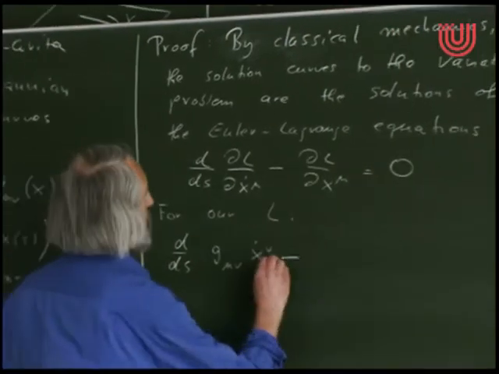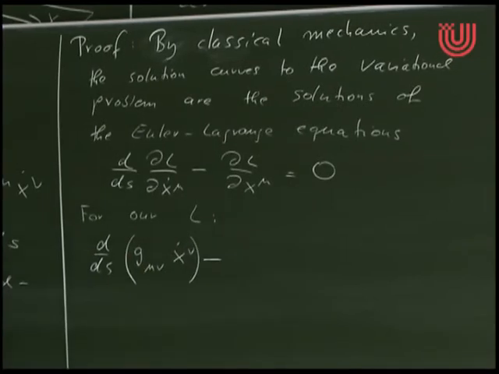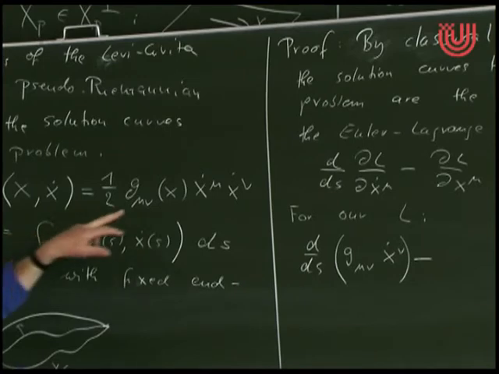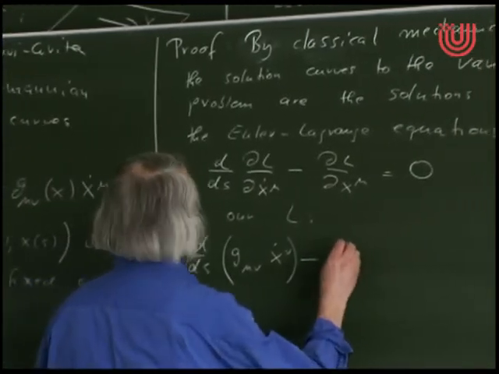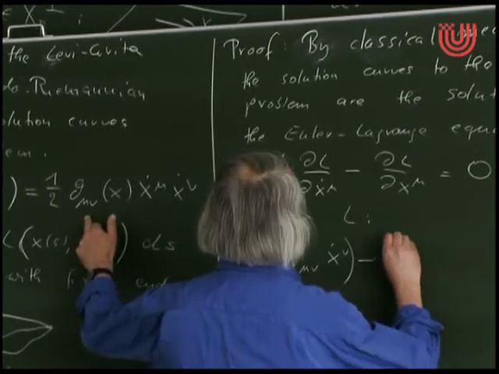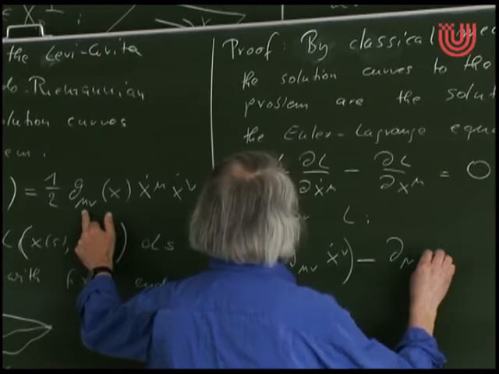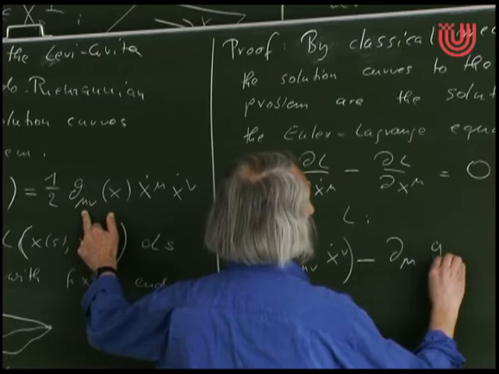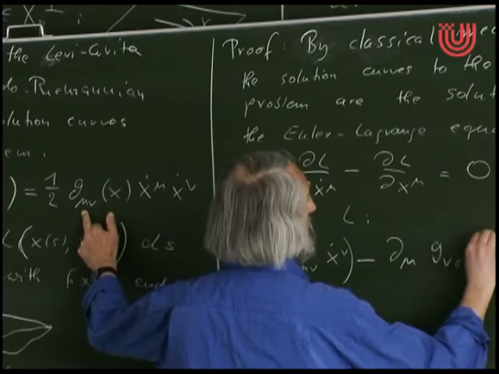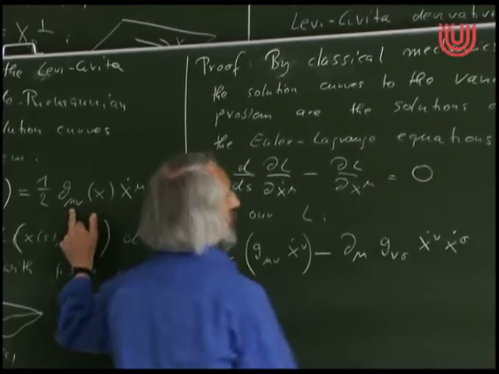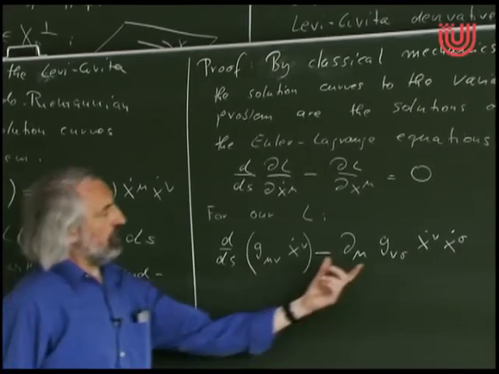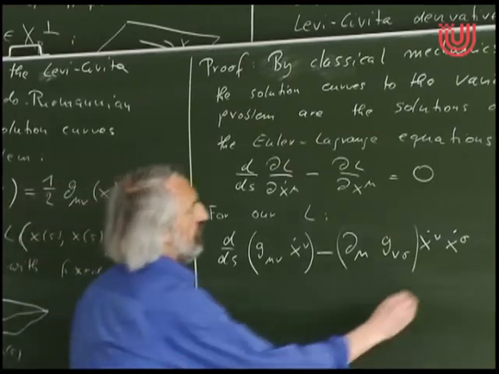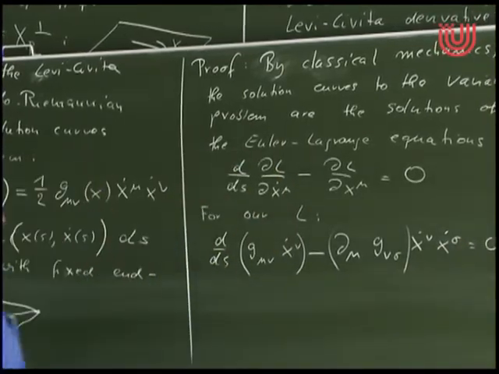And for the partial derivative, it's bad that I called the index μ, so I have to use different letters. I call the summation indices ν and σ: g_νσ x^ν dot x^σ dot. Because this is independent of x, the derivative acts only on this here, and the whole thing is 0. You see this?